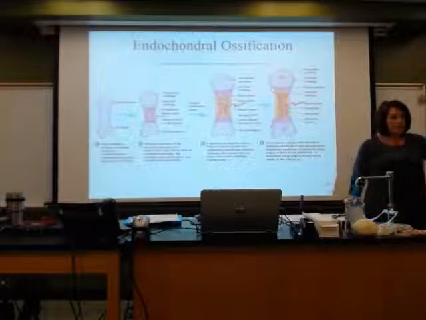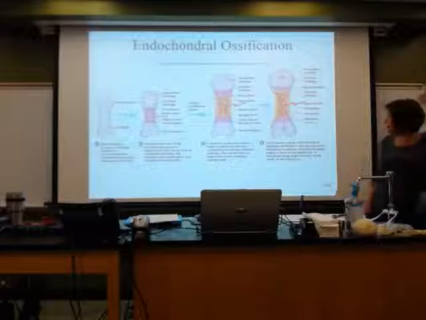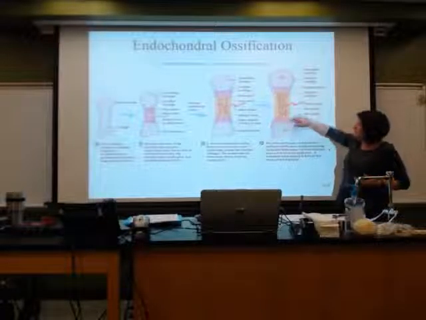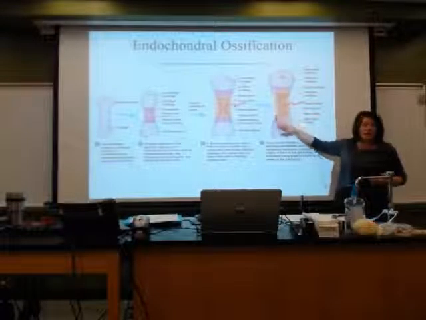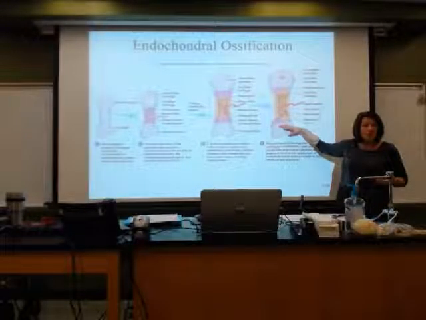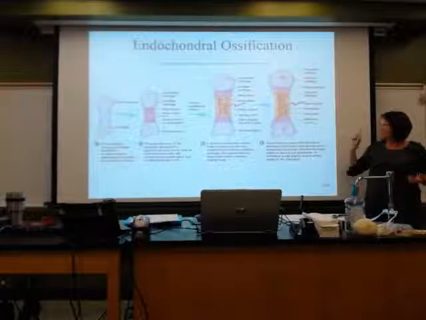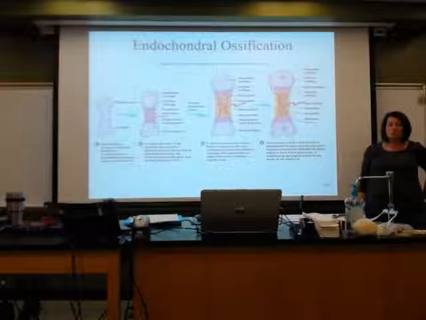So, continue to grow, continue to grow, and we end up turning all of that area into the compact bone, the spongy bones. But now what do I see happening in this picture?